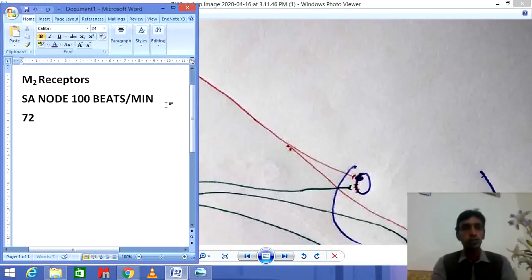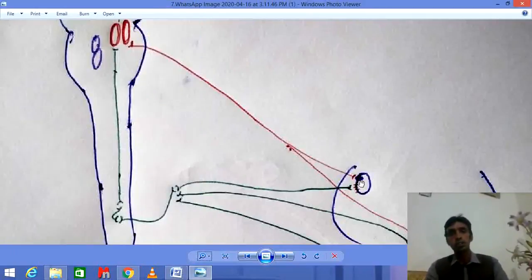It continuously inhibits the SA node and AV node to decrease the heart rate, to decrease the signal generation. The SA node continuously creates the signal for 100 beats per minute, but the 20 or 25 beats are erased by this nucleus. This nucleus does not allow this SA node to make more heartbeat, to make more signals. So this is the cardio-inhibitory center.